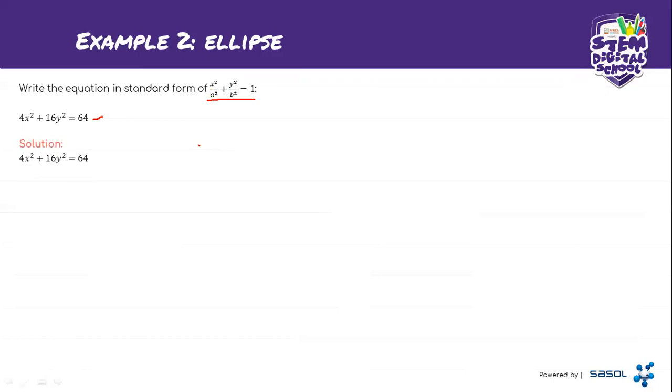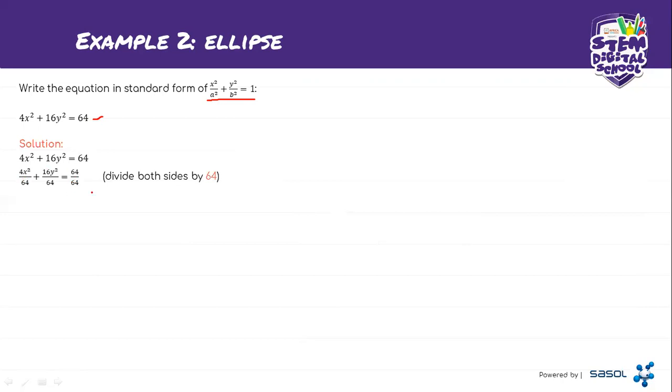You first write the equation, what we are having there. Now first, because we want to have 1 there, the only way to obtain 1 is to divide this 64 by 64 so that we can have 1. We know that 64 divided by 64 is going to give us 1. And then we divide every term by 64.